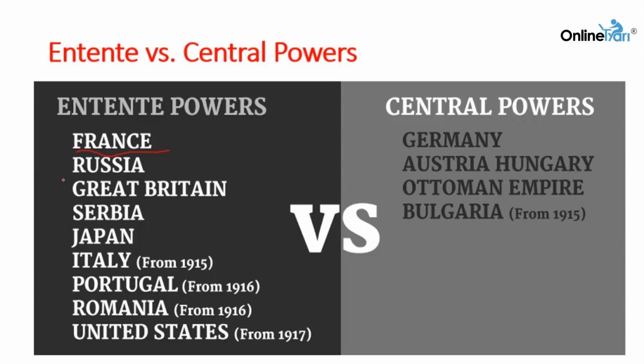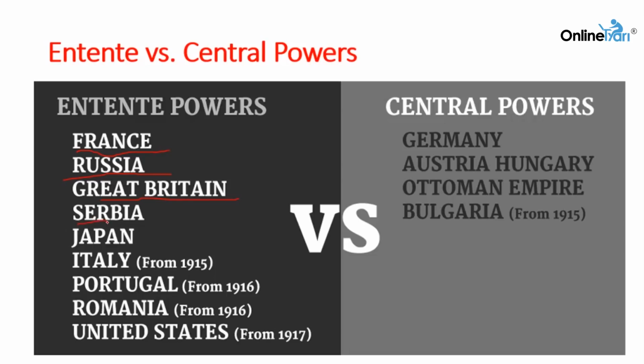Russia joined the war because Serbia was attacked by Austria. Great Britain joined the war because Germany invaded the neutral country of Belgium, and Belgium was supported by Britain.